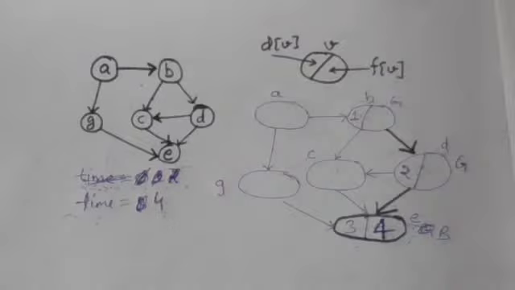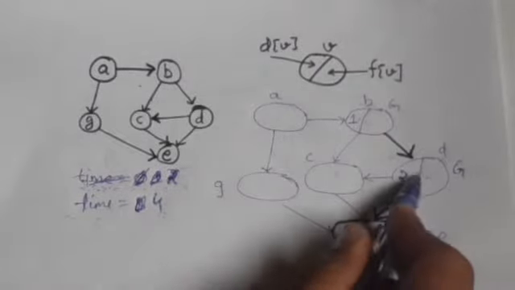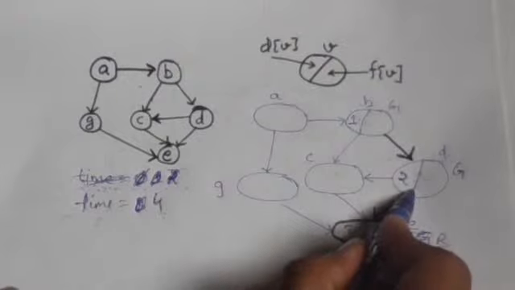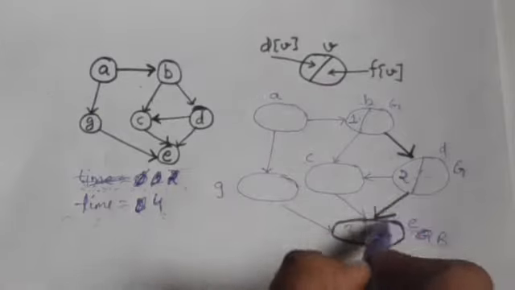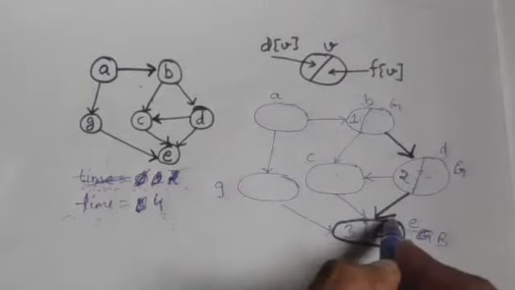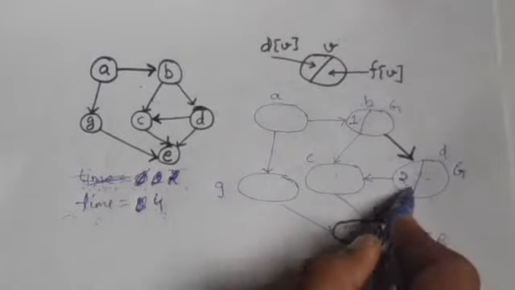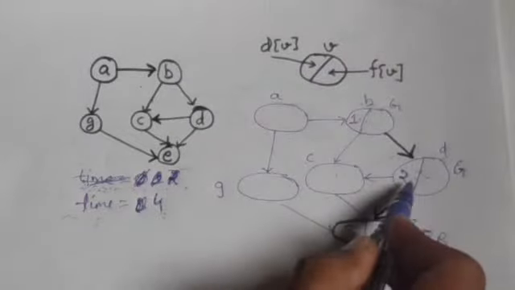Now what will we do? We will take another white adjacent vertex of vertex D, right? So what we have done here, we will backtrack to vertex D and we will check whether vertex D has any white adjacent vertex or not.